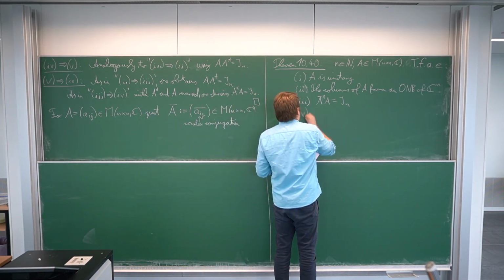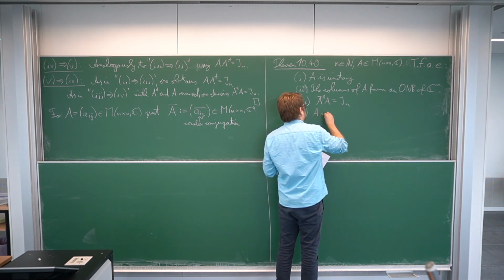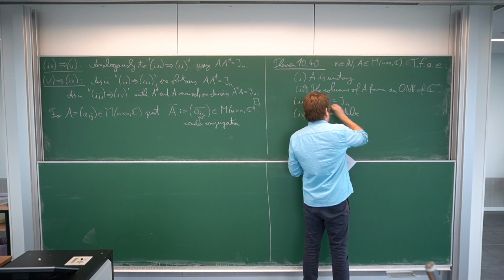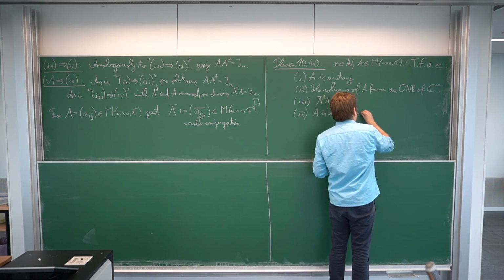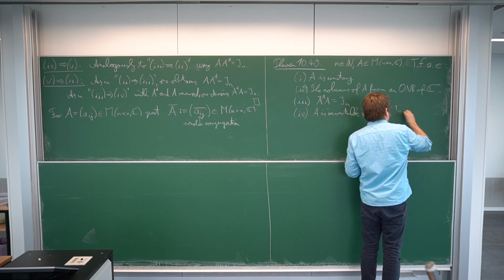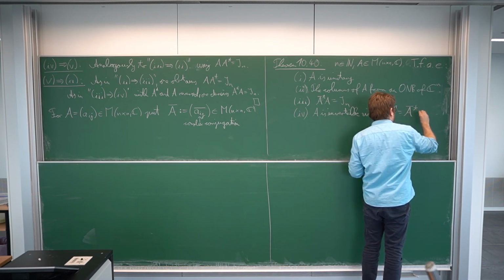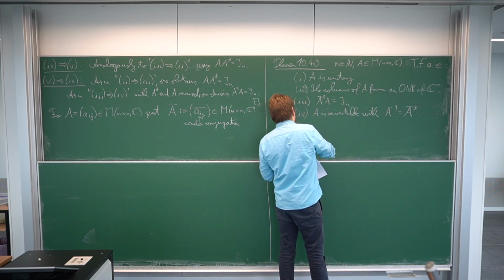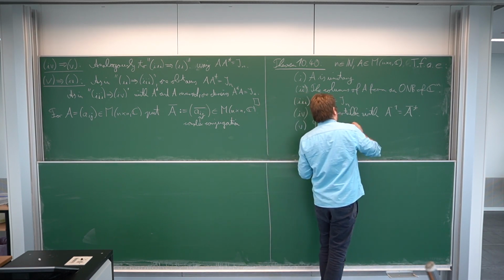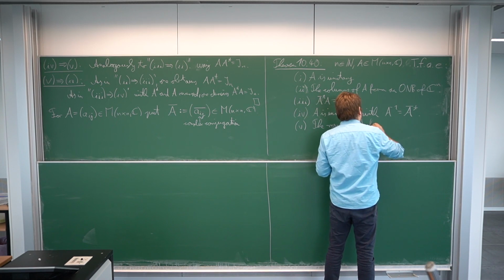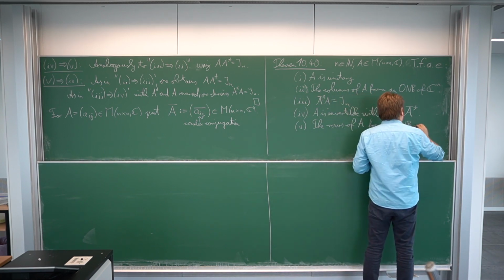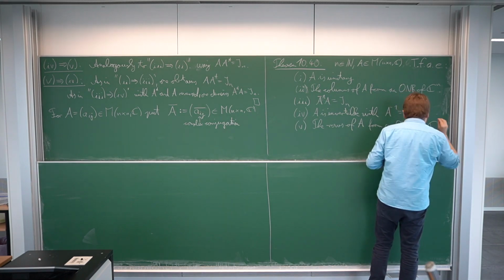Point 4: A is invertible, and the inverse matrix is the conjugate transpose. And finally 5, the rows of A form an orthonormal basis of Cn.